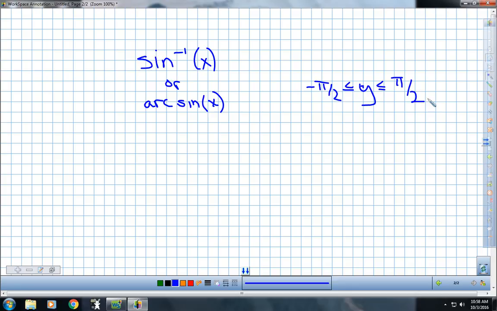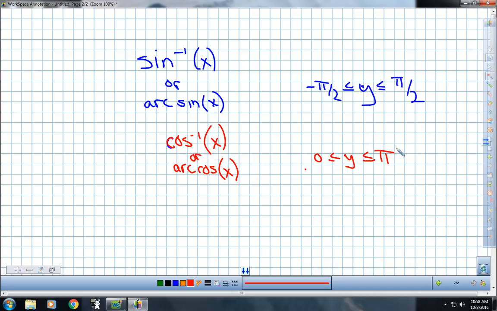Okay? So let me choose a different color here. All right. So the inverse cosine ratio, or the arc cosine, all right, its angle measures are going to be greater than or equal to 0, and less than or equal to pi.